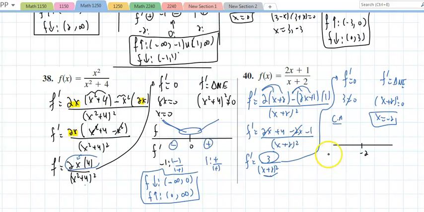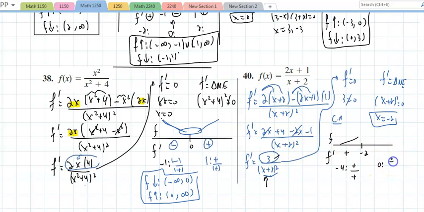There's negative 2. There's my derivative. There's my function. A point to the left of negative 2, let's say negative 4. The top is always positive 3. The denominator, negative 4 plus 2 is negative 2. Squared, that's positive 4. Positive divided by a positive is a positive. My function is increasing. A point to the right of negative 2, let's say 0.